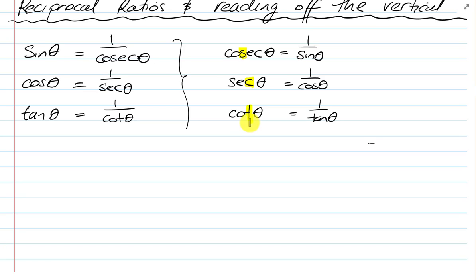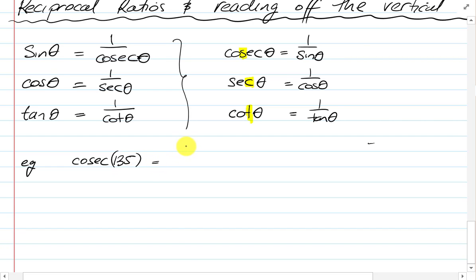If you know that, you'll see also that you can do similar rearrangements to what we've done before, and we get very similar unit circle results. So, for example, if I wanted to calculate the value of cosec 135 degrees, which I could do in radians as well, I would just have to write that down as equaling 1 over sine 135 degrees. So you can do that ratio straight away. And once you've done that ratio, you can just draw yourself a little unit circle with a terrible circle like that.